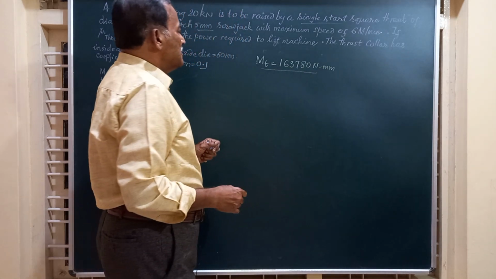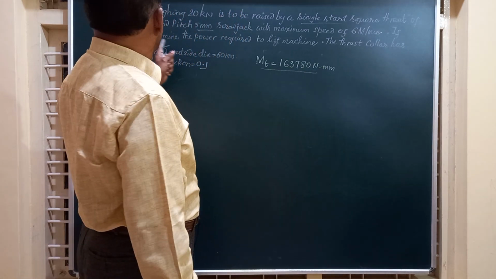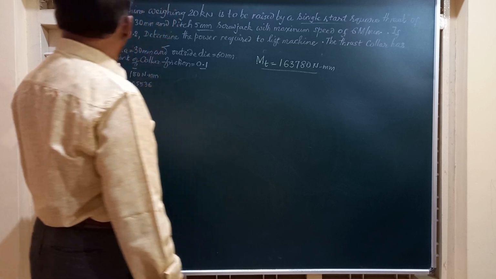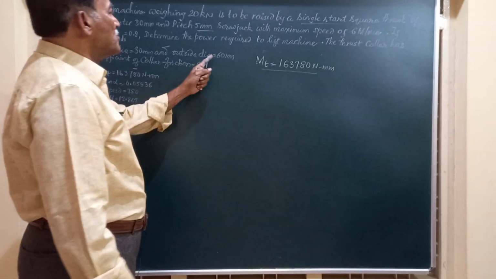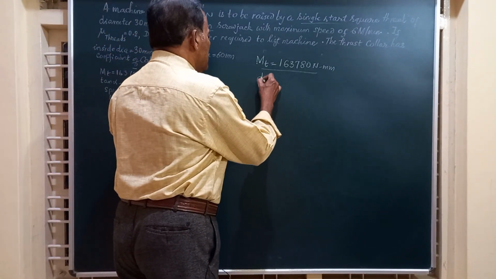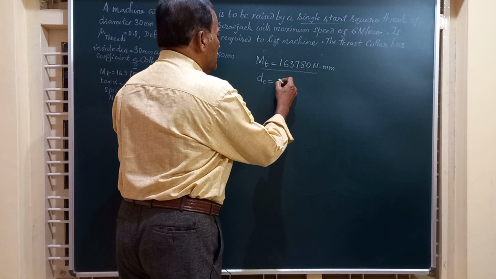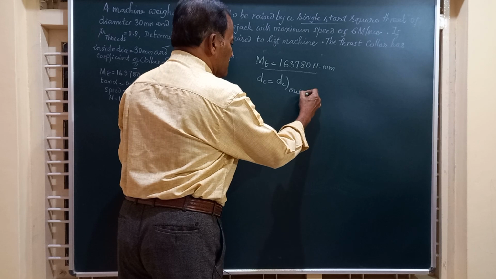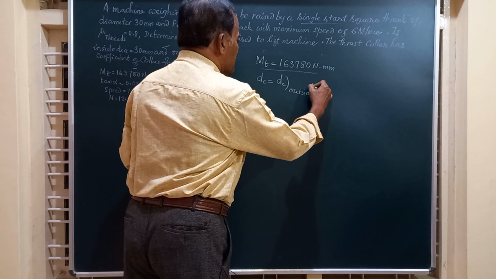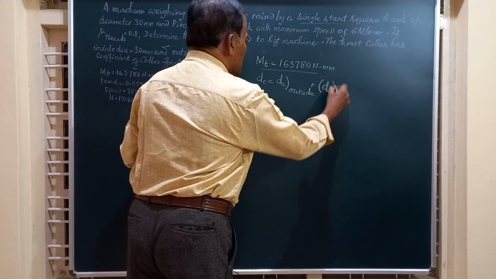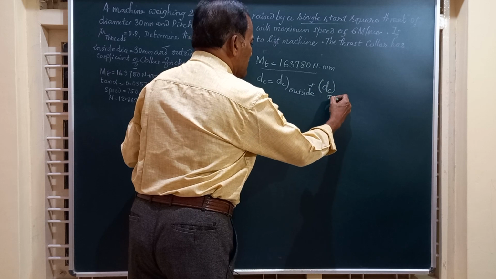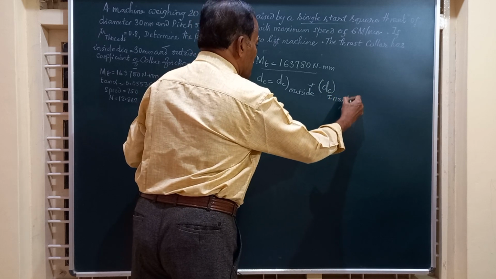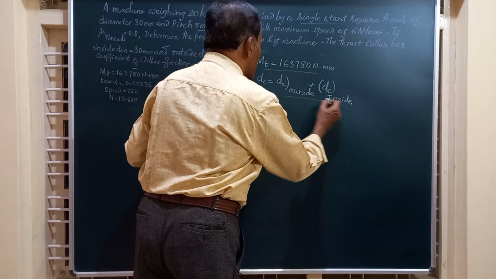And friends, you have this value, and here the inside diameter, and this is to calculate that DC. DC is given by the outside diameter of collar plus the inside diameter of collar, divided by 2.